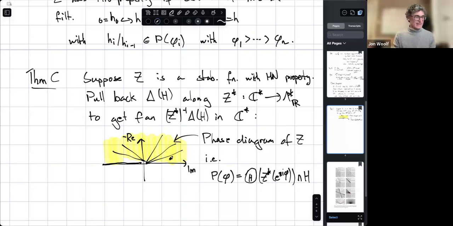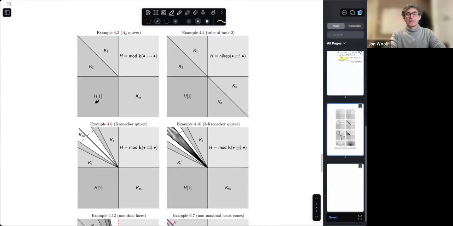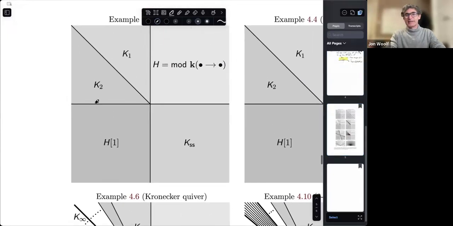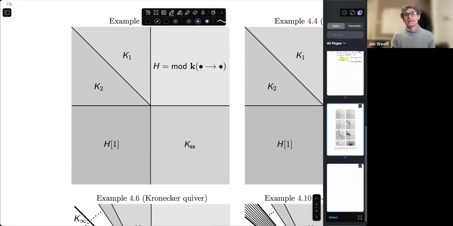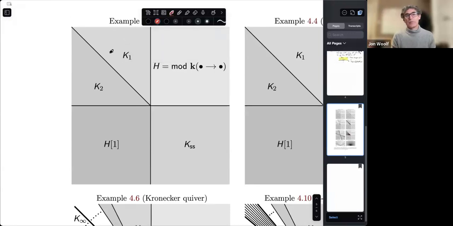So maybe this is a bit easier to understand in the examples, exactly what's going on. Coming back to these, and trying to find a color. Being a stability function, that actually means that Z star is mapping the imaginary part into the heart cone.